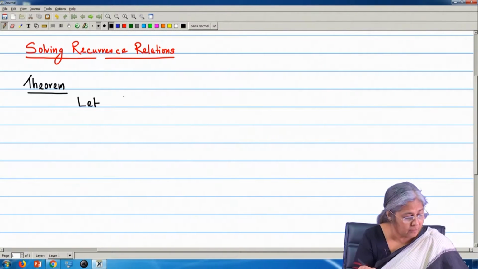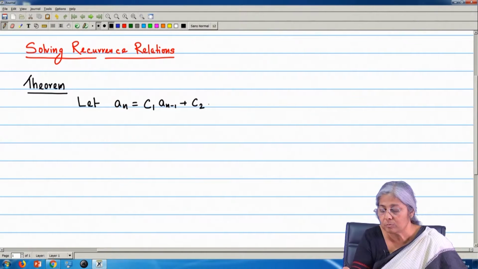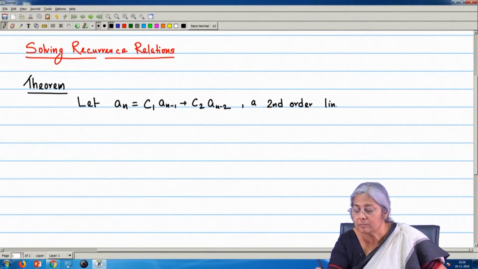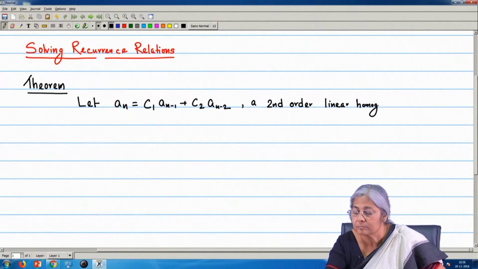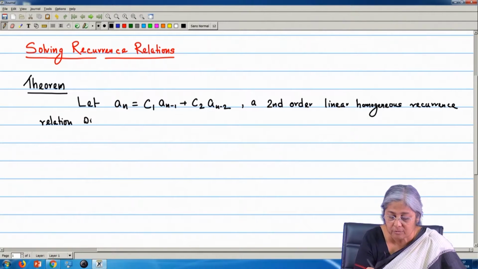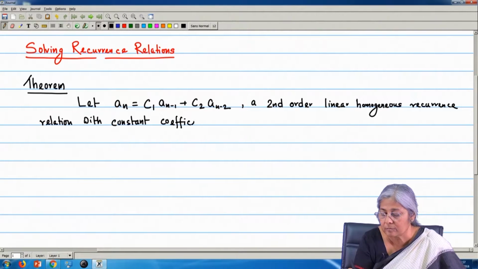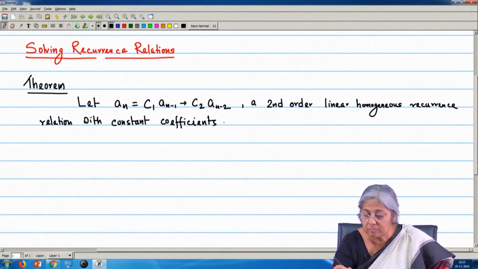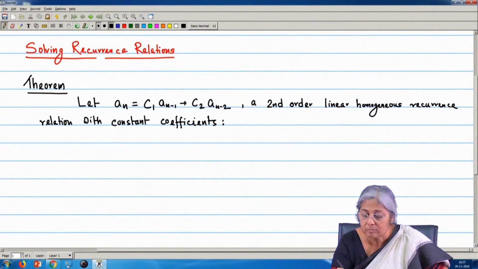So, let a n equal to C1 a n minus 1 plus C2 a n minus 2 be a second order linear homogeneous recurrence relation with constant coefficients, where C1 and C2 are constants, but here the roots are equal.